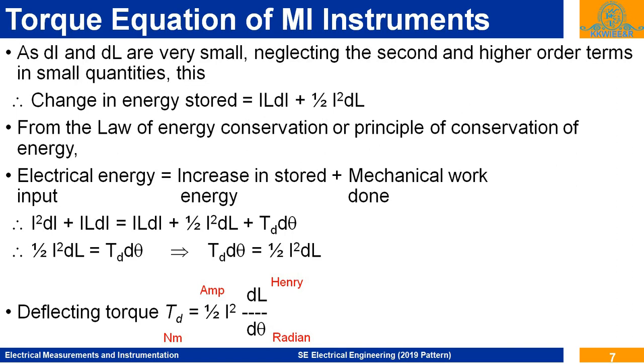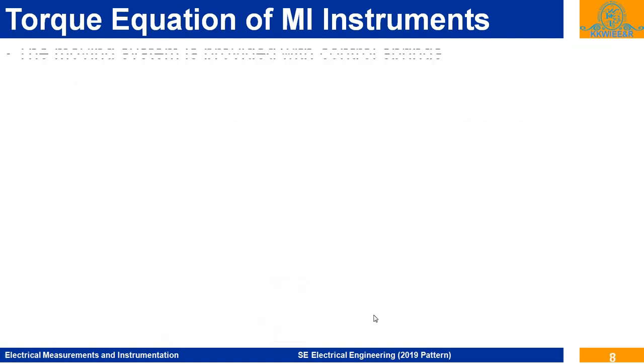So Td is equal to 1/2 I square dl by d theta. Torque is in Newton meter, current in ampere, inductance in Henry, and theta in radians.